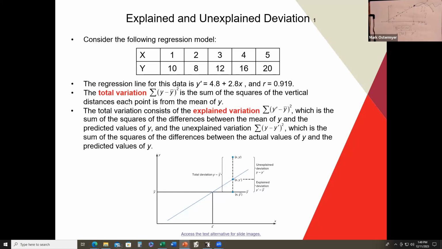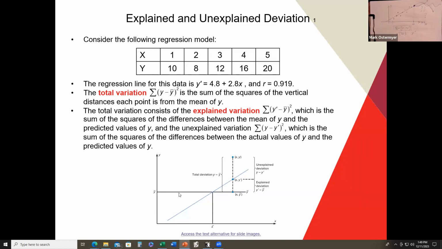Now, the total variation, which is the sum of the squared differences between the actual y values and the mean of your y values.